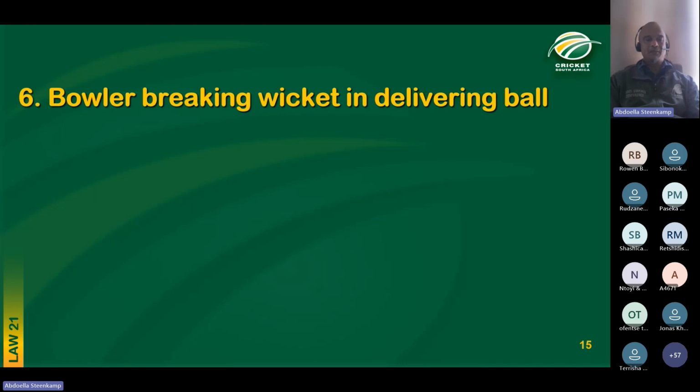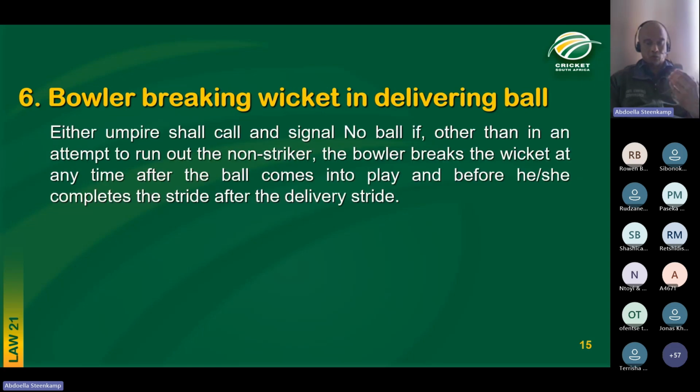So what happens if a bowler breaks the wicket while delivering the ball? The law wants either umpire to call and signal no ball if the bowler breaks the wicket at any time after the ball comes into play and before the bowler completes the delivery stride.